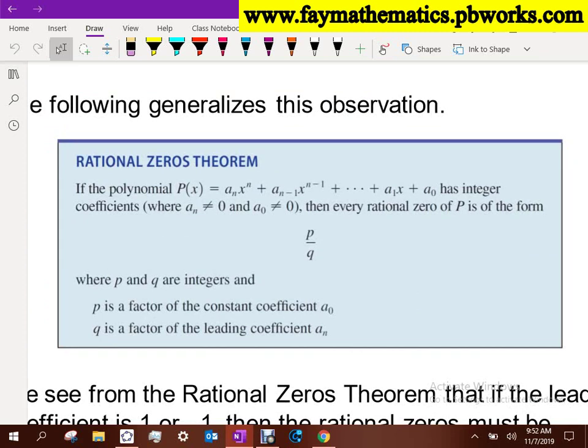It says if the polynomial P of x, your general polynomial, has integer coefficients. If it has rational coefficients like 2/3 or 4/5, we can do something that will allow us to force it to integer coefficients, just with multiplication.